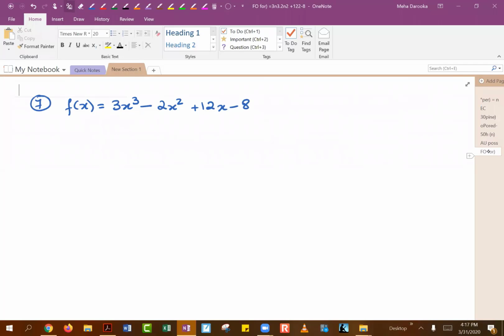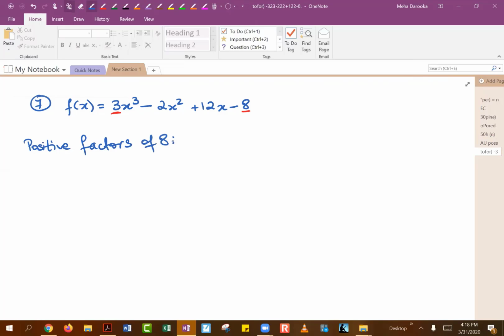Okay, so I'm actually going to start by finding my rational zeros first. So let's look at the factors for this leading coefficient of 3 and this constant term of 8. So let's start out with the positive factors of 8.